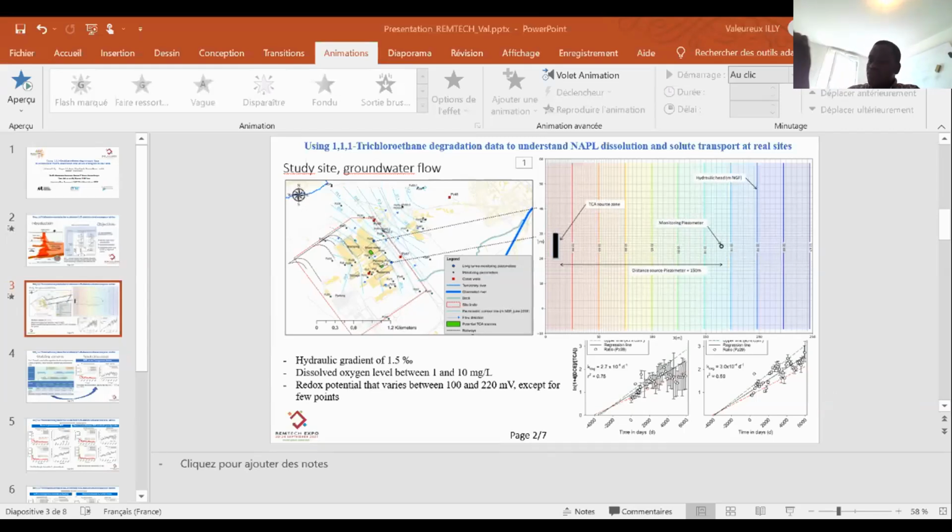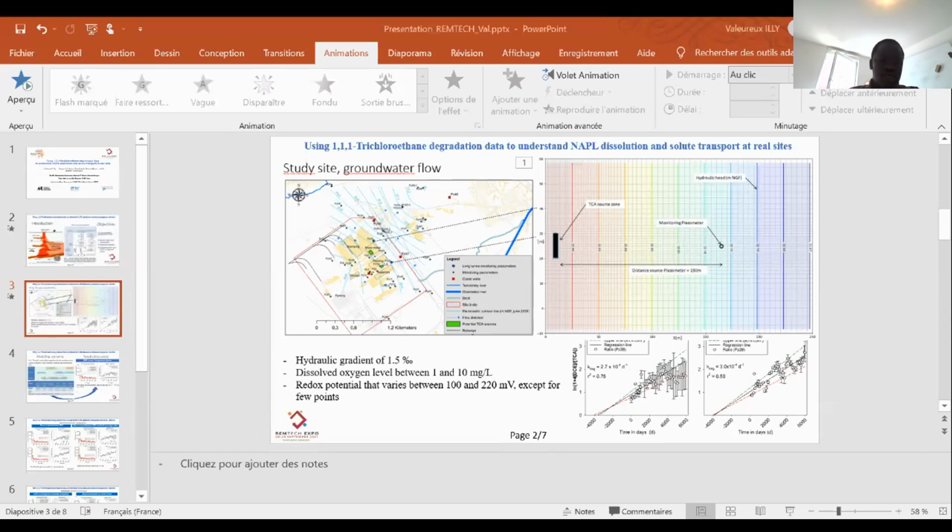Now for the model, we tried to find different elementary models that could help us understand what is going on. These are the different hypotheses that we have tested.